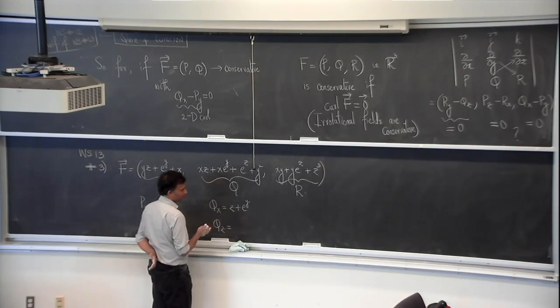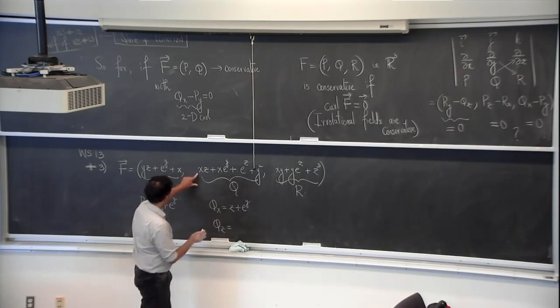So once we confirm this is conservative, we can use the same process, just with one additional step. Qz is going to be x.